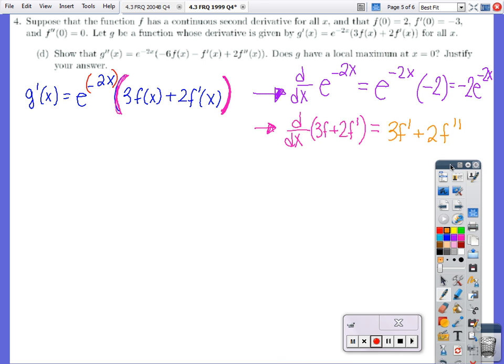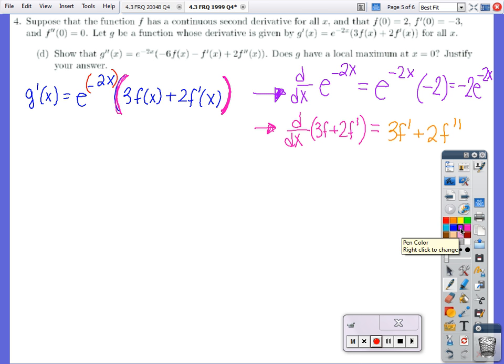So now we have all the parts to do our product rule. I'm going to do the product rule to the left.